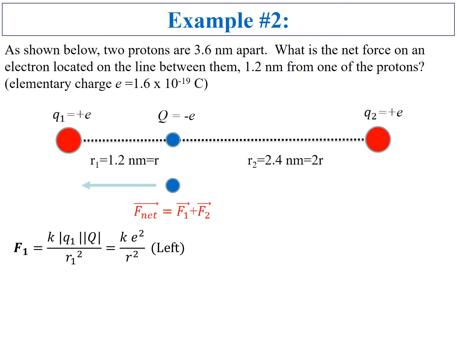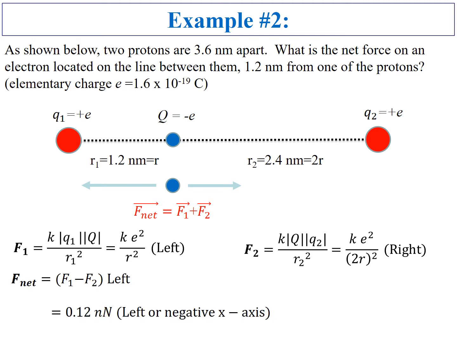So it will be attracted to the proton Q1, and then the other force F2 is k Q Q2 over R2 squared, again k times e squared over 2.4, of course times 10 to the minus 9, squared, and this will be to the right because the second proton will attract the electron to the right.